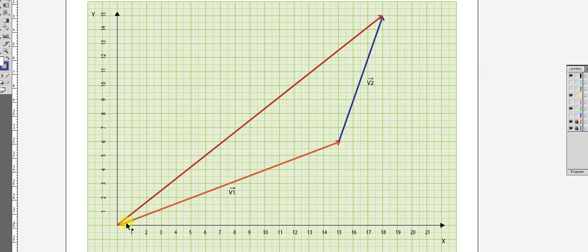It will give me the same addition. Clear? If I have more than one vector, it's okay. I will just repeat the same situation, tail to head, until the first tail to last head. Clear?